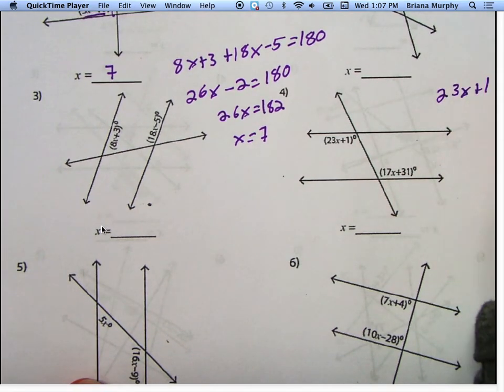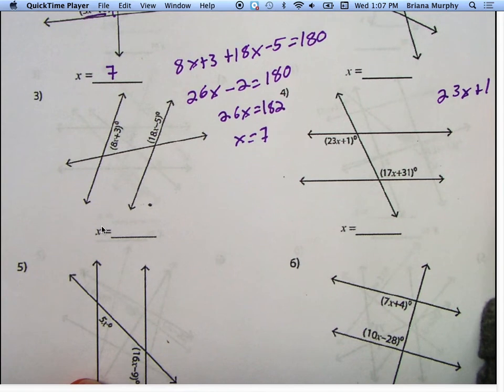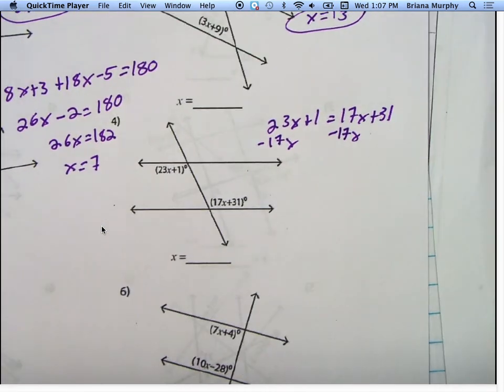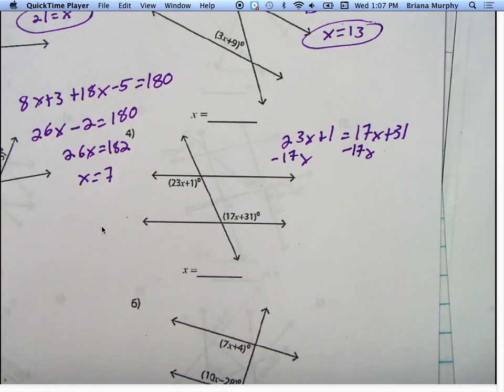23x plus 1 equals 17x plus 31. So I'm going to subtract 17x from both sides.